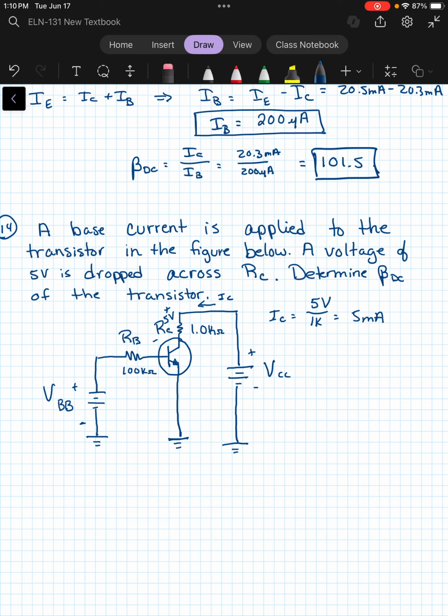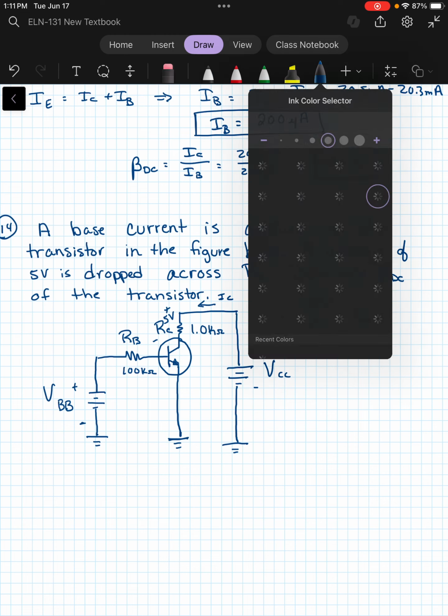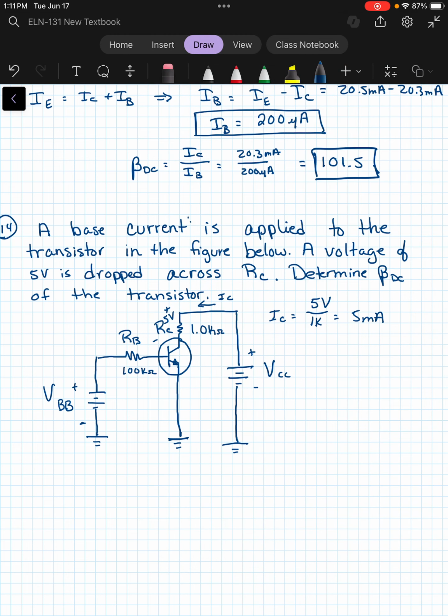And then we need IB. So what do we know about IB? We know that a base current, I forgot to write this in, a base current of 50 microamps.